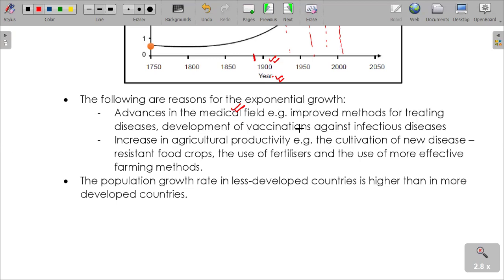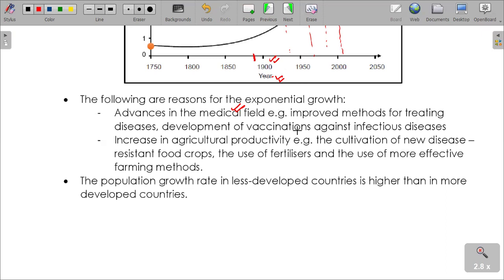But those diseases are now no longer a problem because advances in the medical field have managed to find vaccines. Babies born now are vaccinated against various diseases, so those diseases no longer cause problems. We can even give a typical example of the recent COVID-19. It was just a pandemic.